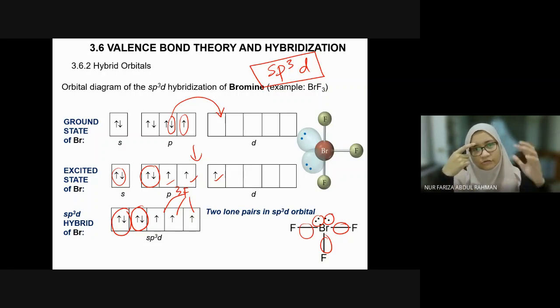Okay, alright. So how do you draw the orbital overlap? Sama saja. So it has 5 electron groups kan. So it should be trigonal bipyramidal kan. So you should have 5 electron group lah. So how do you draw 5 electron group? 5 lobes, 5 cuping.